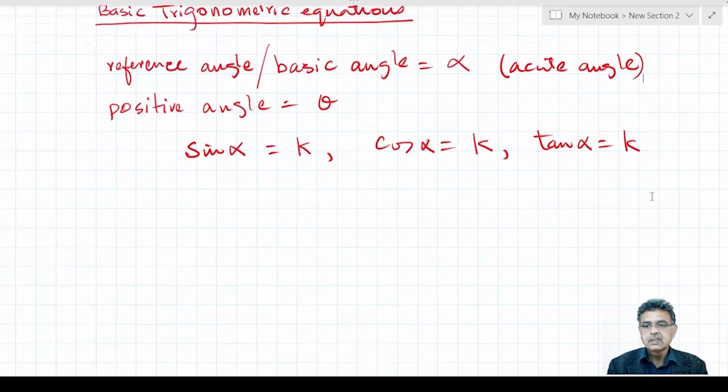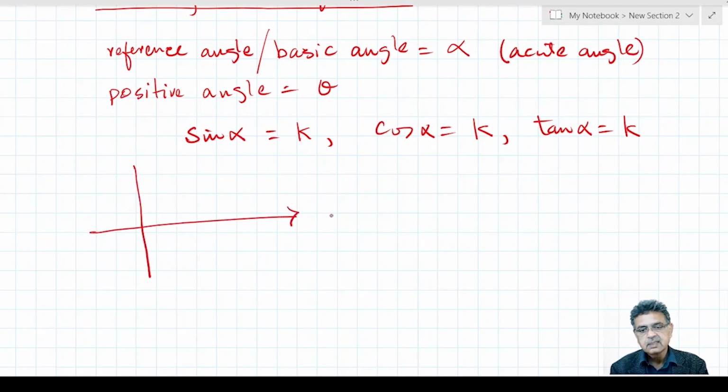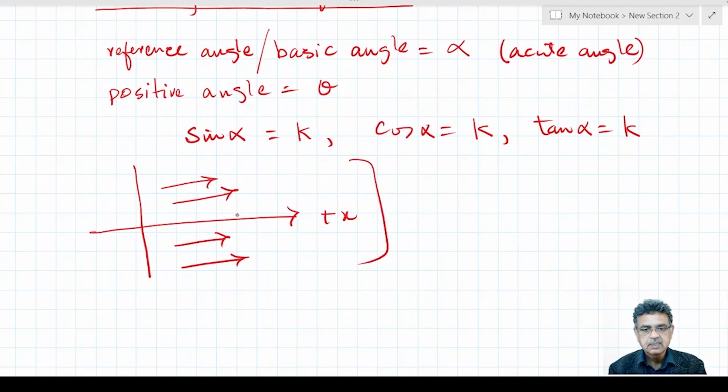Okay. Now the second thing we have to keep in mind before doing the questions is that if this is positive x, then all the values of cos theta in the first quadrant or the fourth quadrant, all over this region, cos theta is positive.